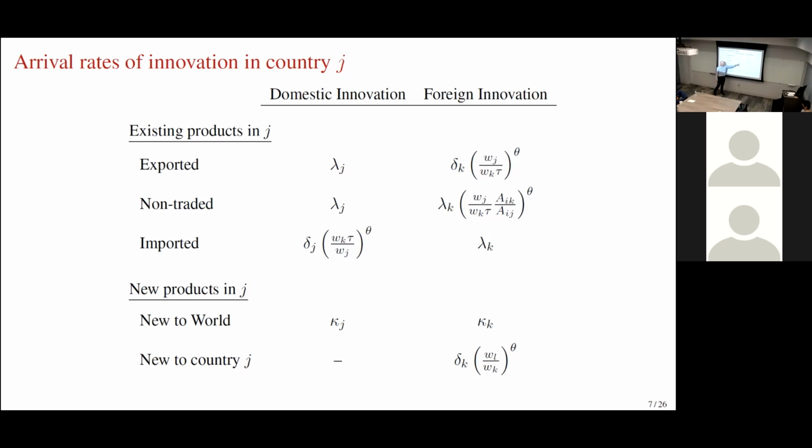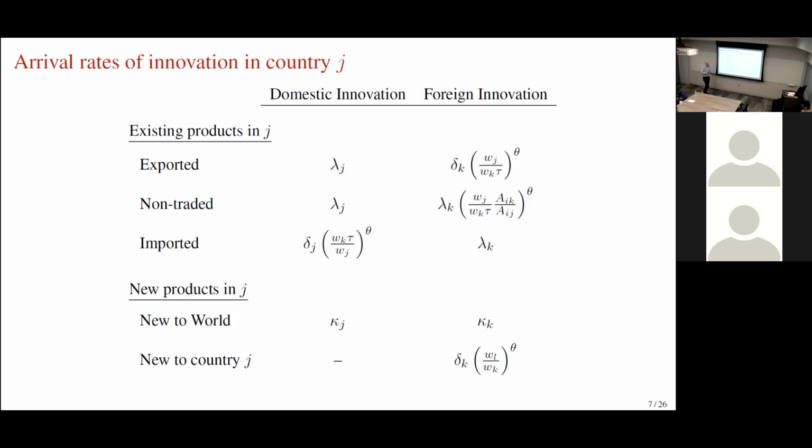This is the arrival rate, and this is going to determine the success rate. And the shape parameter matters because it's got to be good enough. So the probability it's good enough is going to be a function of theta. And then these are the arrival rates of the Romerian varieties. And then they can get all these things from abroad, as well as this special category, which is something where the comparative advantage wasn't strong enough for the US to import it.